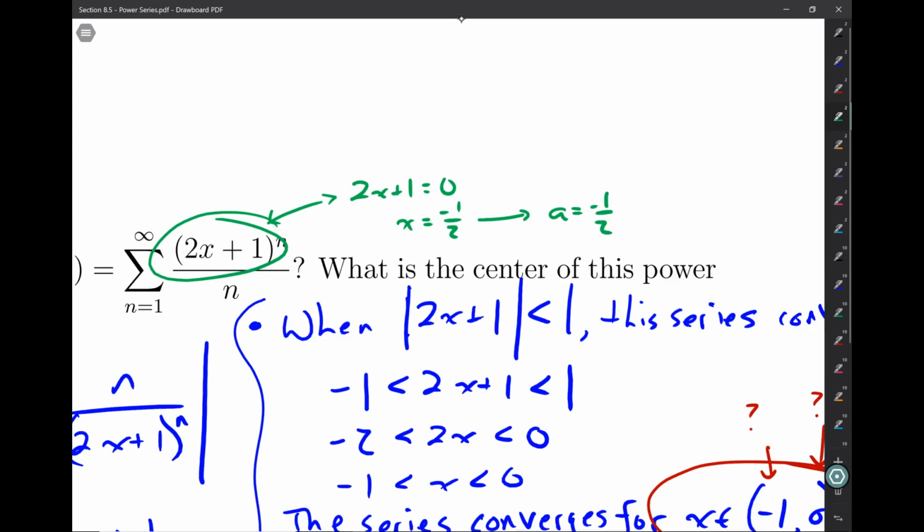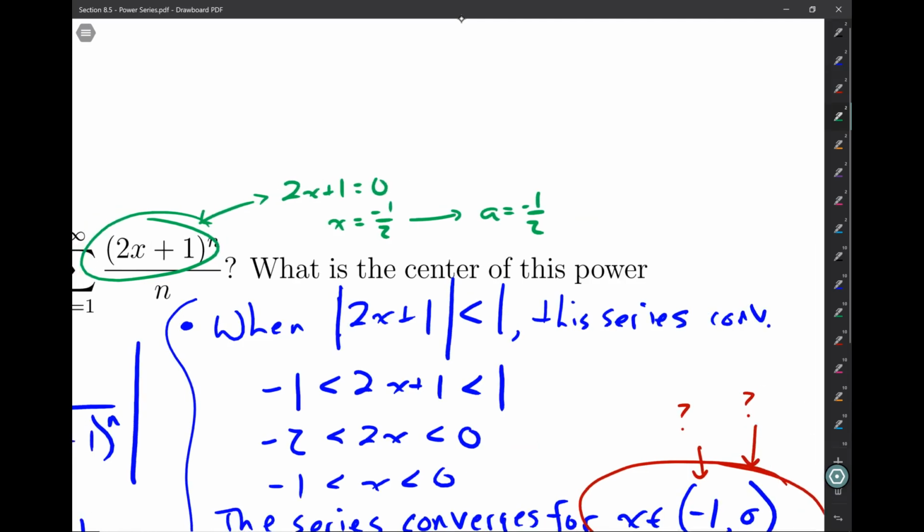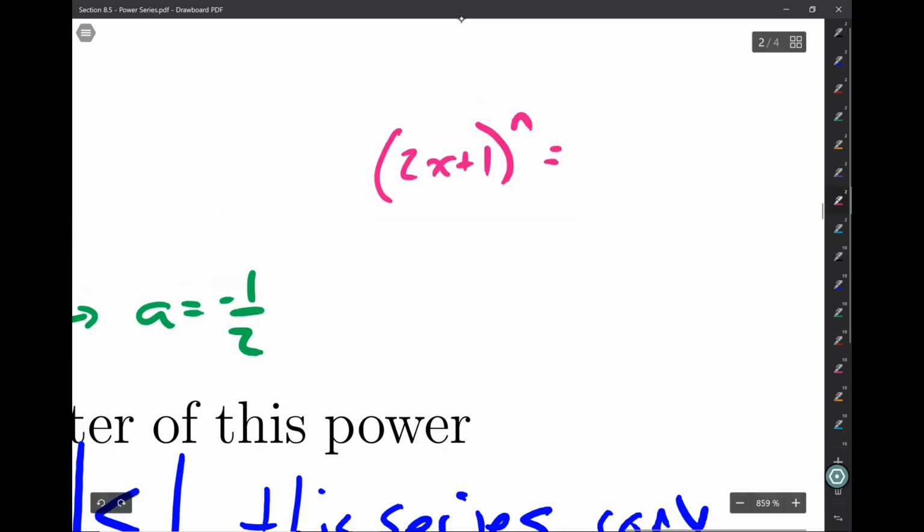Lastly, we could actually try to factor this into some sort of a form where we have x minus something to the power of n. So taking a third try at this, we have 2x plus 1 to the power of n. We want x by itself, so we can factor out a 2. We have 2 times x plus 1/2 to the power of n.